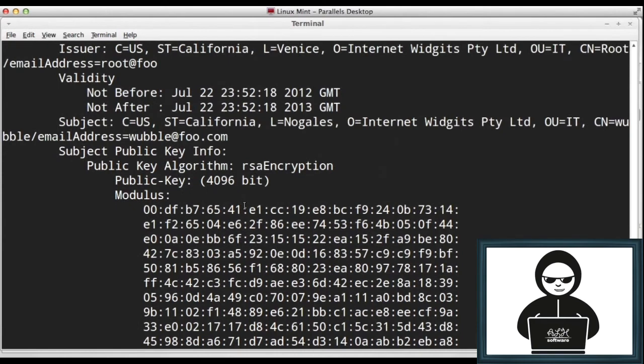PGP uses a decentralized approach, where X.509 certificates use a certificate authority, and that certificate authority is where information is stored and where people and users are validated and verified. PGP doesn't use any central authority. PGP relies on individual users to validate and verify user identification.